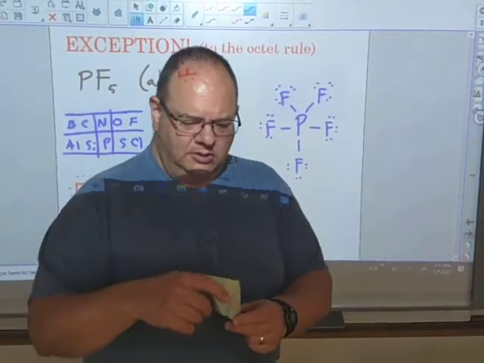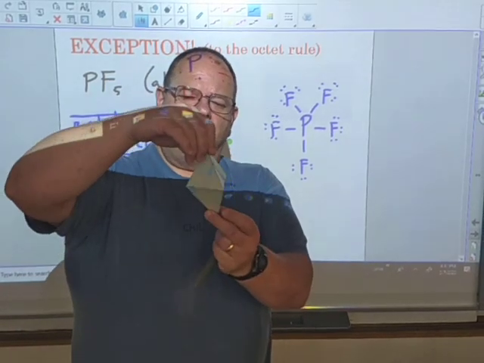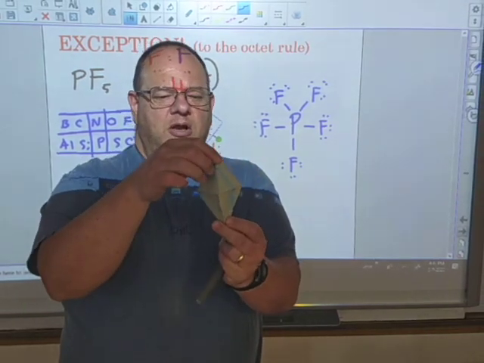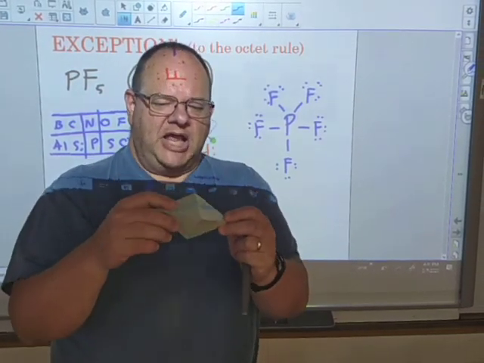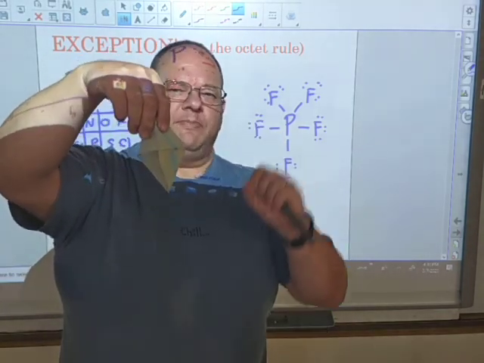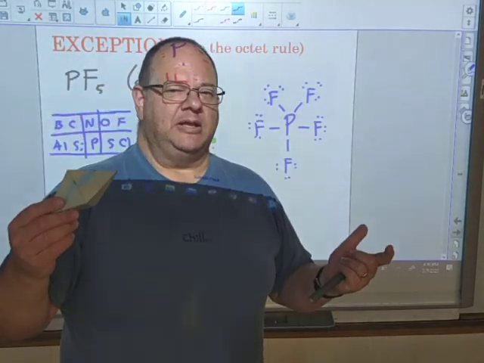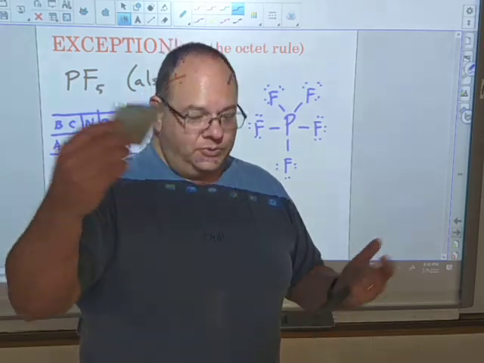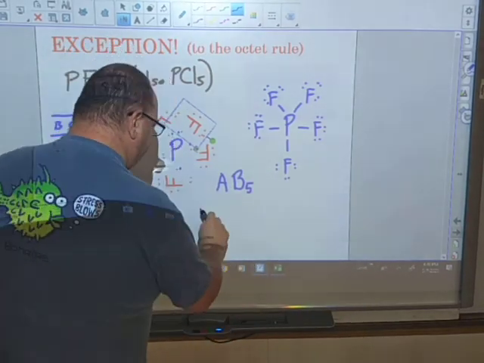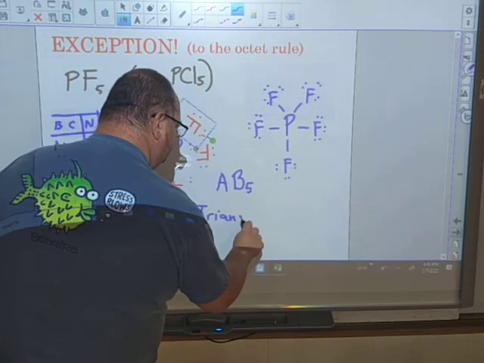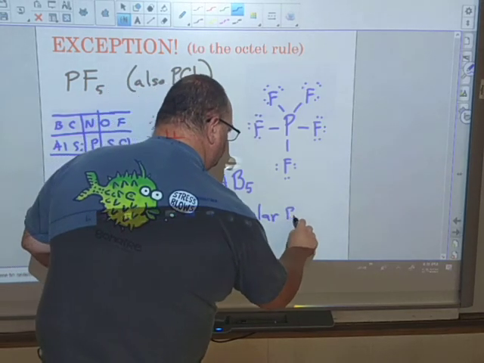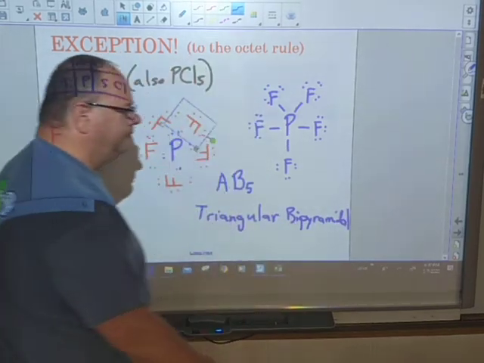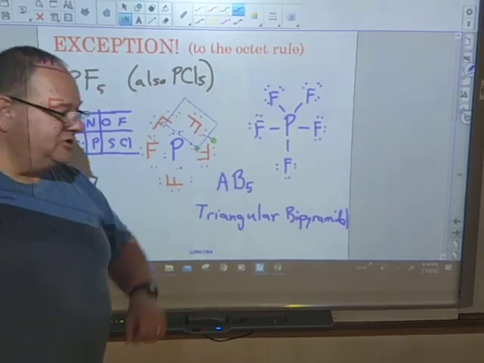Remember, I had built this little model out of paper and tape. So think about a triangular pyramid up here and a triangular pyramid down here. And so they came up with this amazing name of triangular bipyramidal. I'm not making that up. That's its name. Triangular bipyramidal. Okay, 1 exception down.